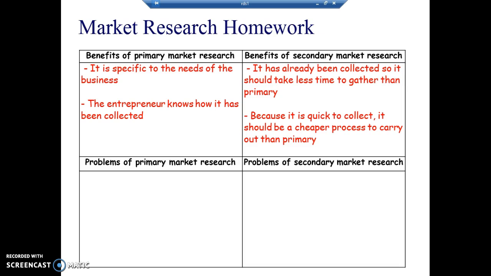So one of the problems with secondary market research, and with primary market research as well, is that if you collect your data in a way that gives leading questions to customers, so that it leads them to answer in a certain way, either positively or negatively, the data becomes unreliable. So with primary market research, this might be a little less likely, it might still be likely, but you can trust the data a little bit more because you have knowledge of how it's been collected.